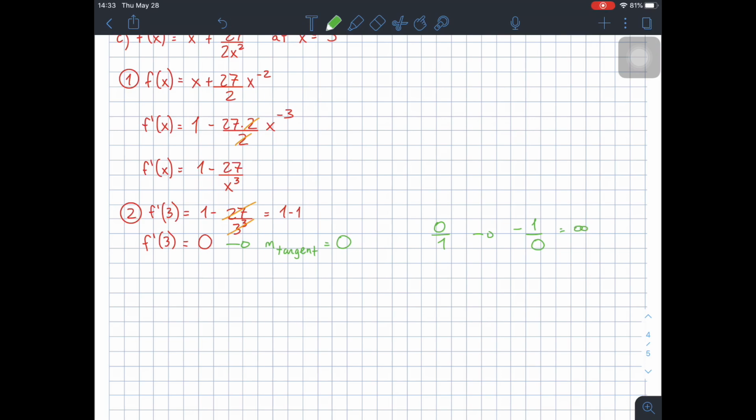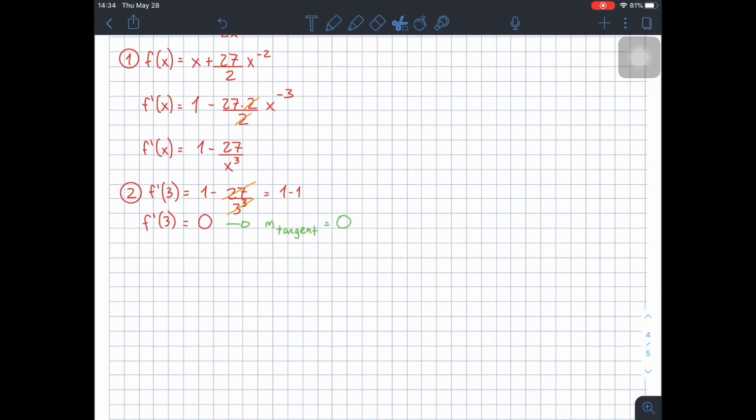That means that the equation of the normal line would be a vertical line. If the tangent is a horizontal line, then its perpendicular would be a vertical line, and vertical lines, remember, have a slope of infinity or undefined. Okay, so let's keep on with this.